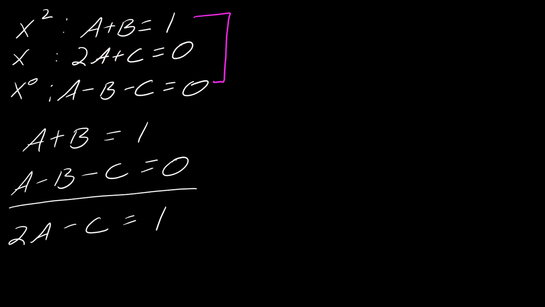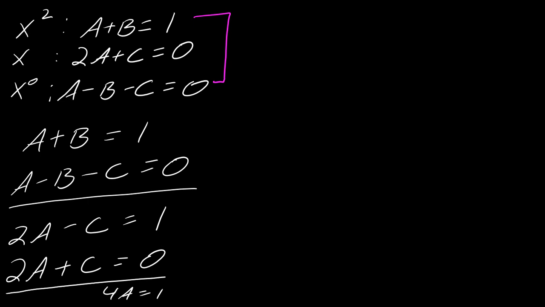So now I'm going to have the second equation like so. And once again, I can use elimination here, right? So I can go ahead and eliminate. I'm running out of space, but this will come out to 4a equals 1. So I get 4a equals 1, which would imply that a is going to be 1/4.